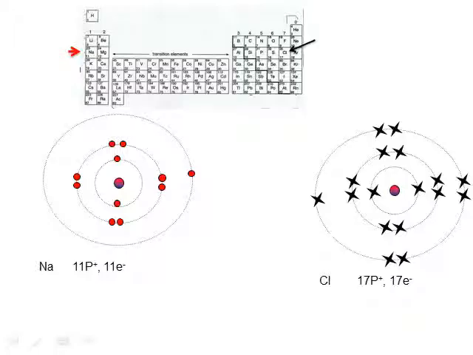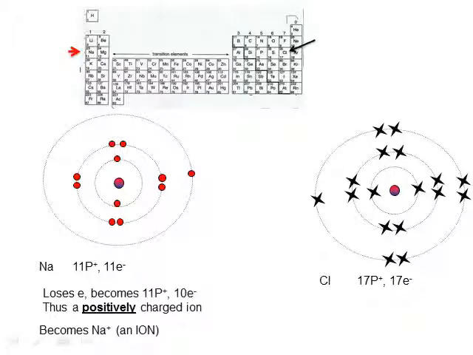If the two come together, then the sodium will tend to shed its outer electron, and it becomes received by the chlorine.